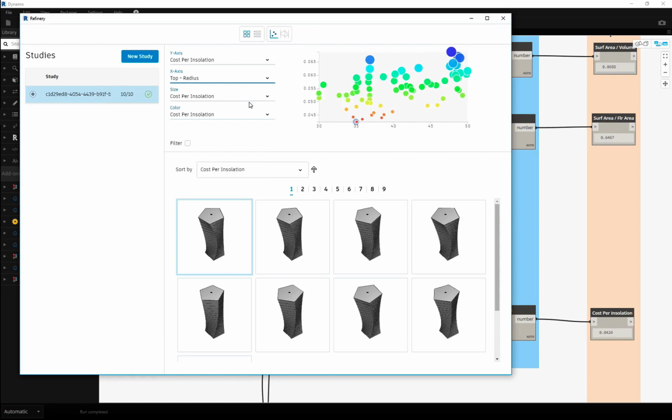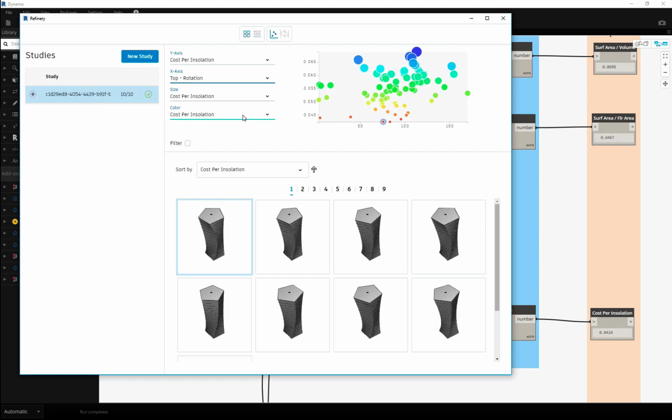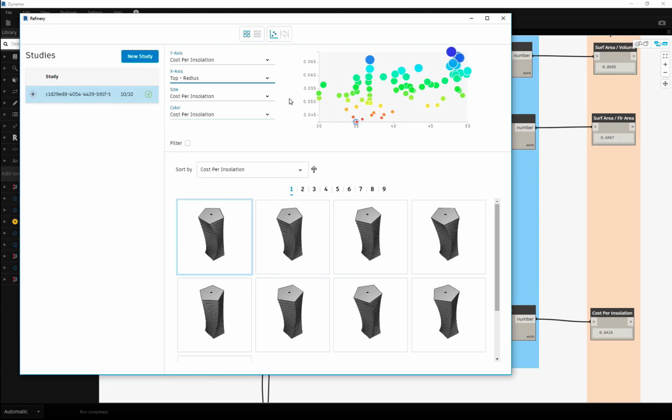I don't really see much of a pattern in there. Let's try it versus the top rotation. Again, not really interesting. Well, let's at least sort it out a little bit. Here's the top radius. Again, it's scattered here. It looks like as the radius changes, the higher costs are here. That's not really changing all that much.